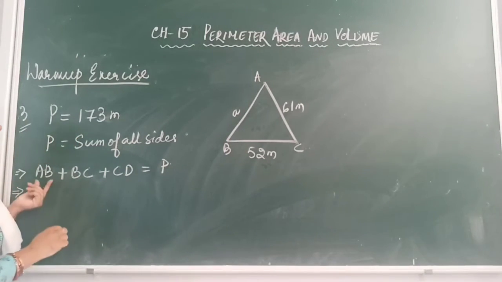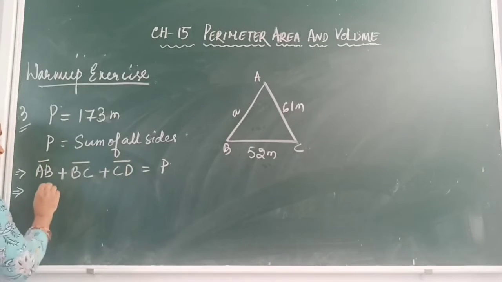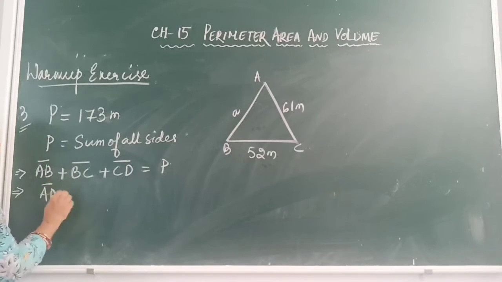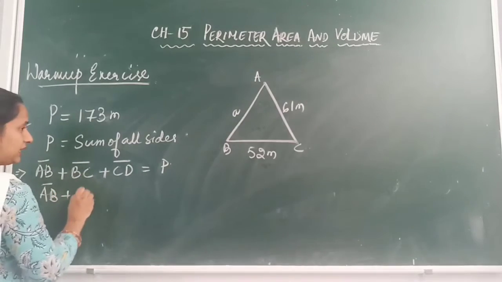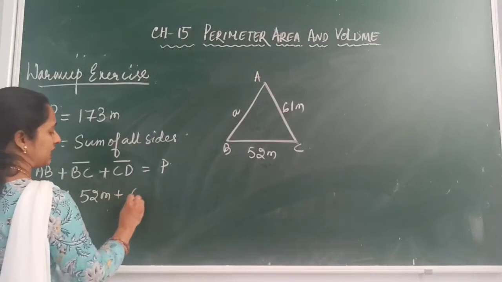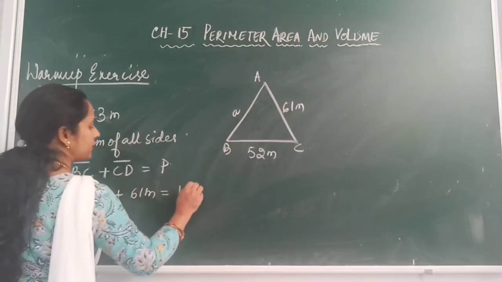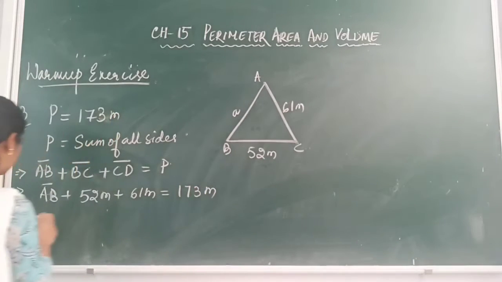Now, do we know the length of AB? We don't know. So let it remain as AB. BC is 52 meters, whereas CD is 61 meters. And the perimeter given to you is 173 meters.